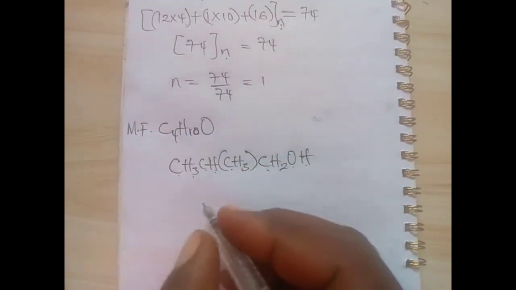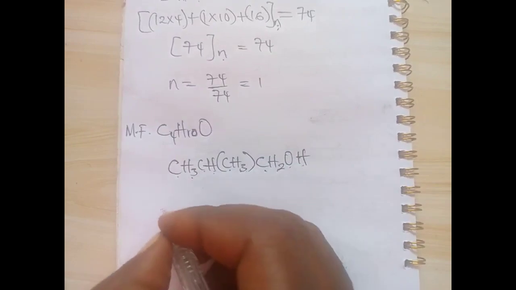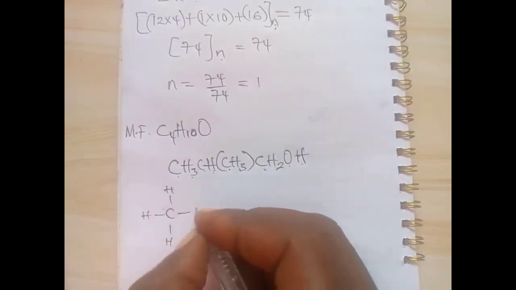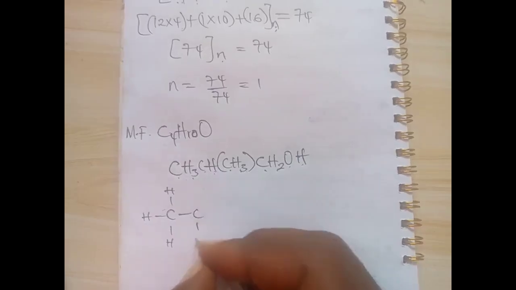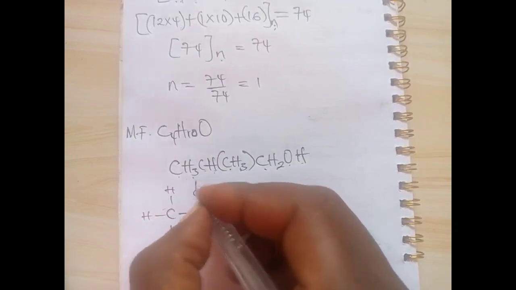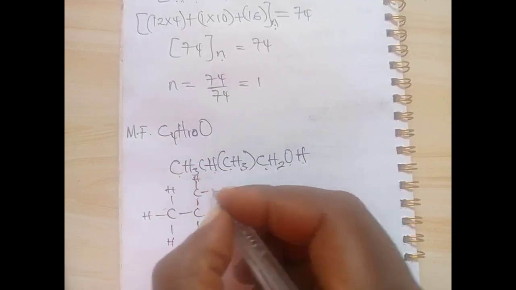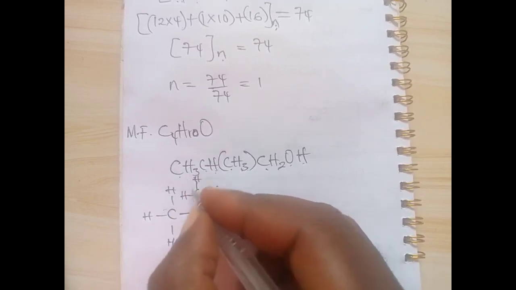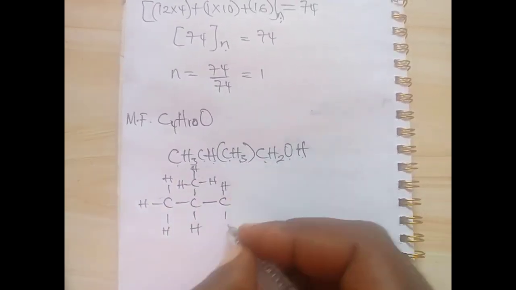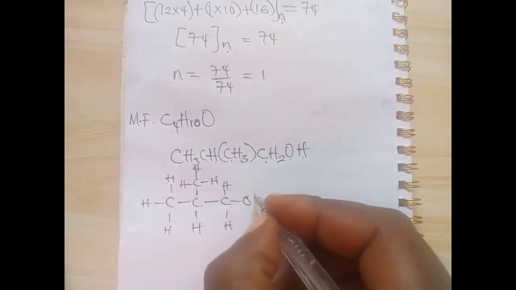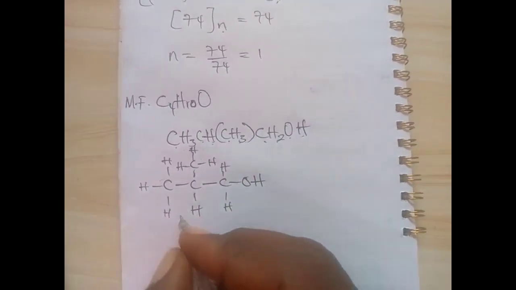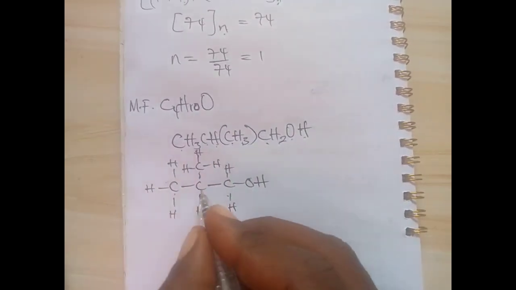So if we were to draw it, it will look like this: CH3, CH, and there is an attachment CH3, then CH2 and OH.